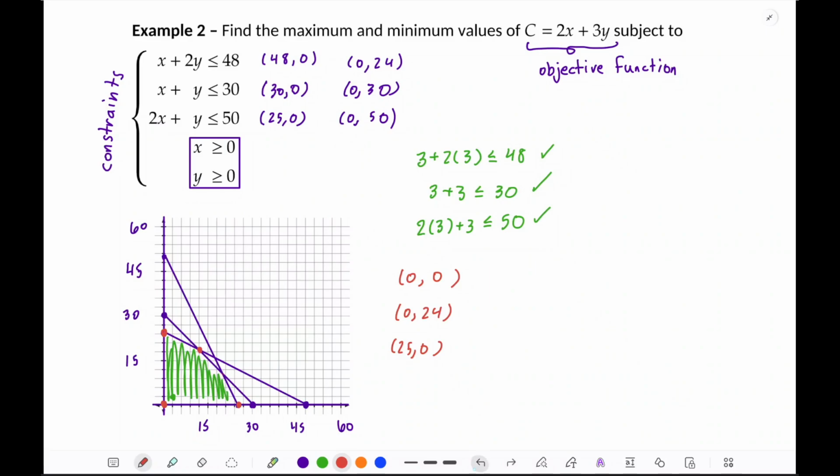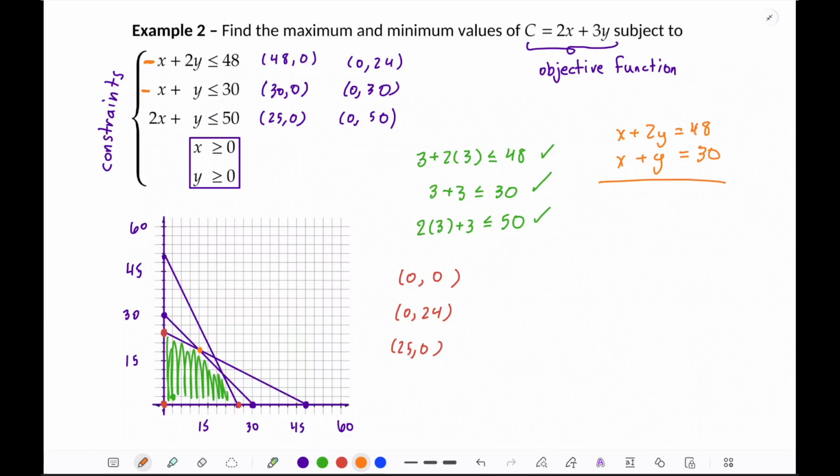So actually, let me do those in different colors. Let's do orange for that one. Now that came from the one with the smallest y-intercept, which is that one, and the second smallest y-intercept, which is that one. So I need to solve this system of equations now: x plus 2y is equal to 48, and x plus y is equal to 30.